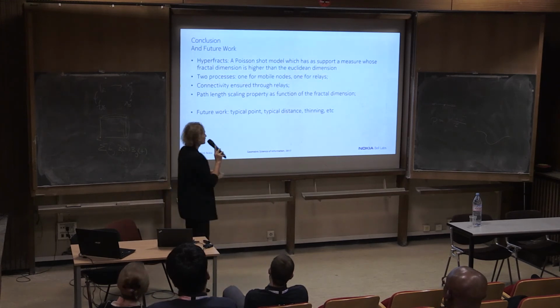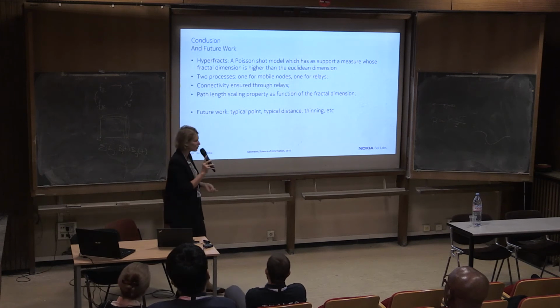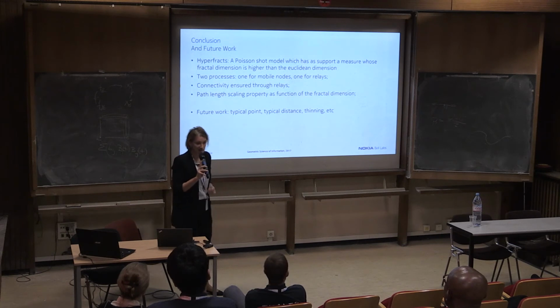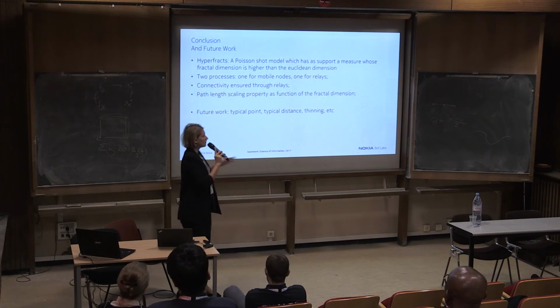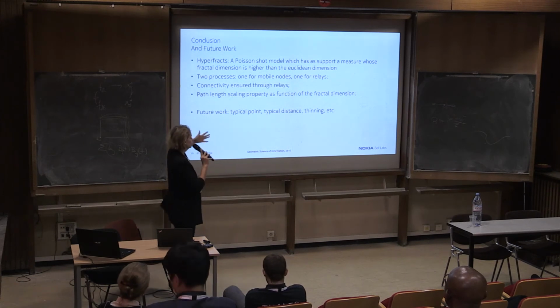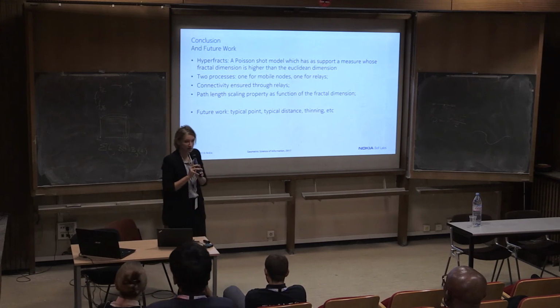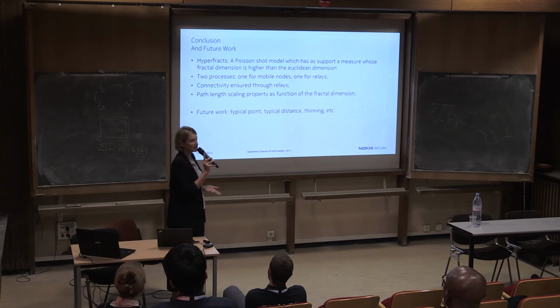So in this work, I presented what we call a hyperfractal Poisson-Shot model, which has a support measure whose fractal dimension is higher than the Euclidean dimension. That's why we call it hyper. We have two hyperfractal processes, one for mobile nodes and one for relays. We show the properties of the giant component, which generates the connectivity of the network.